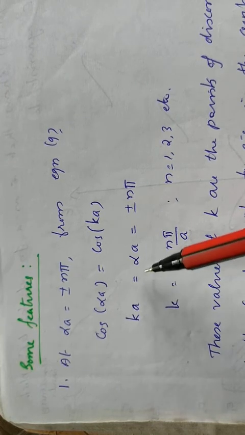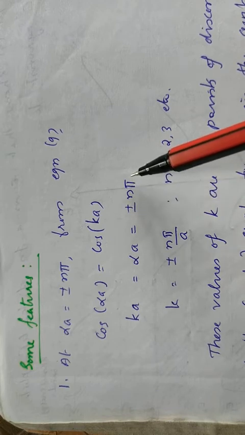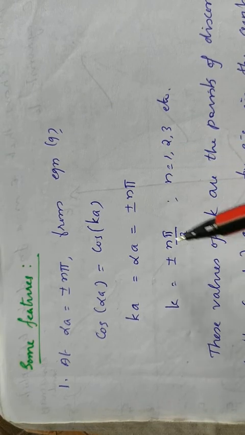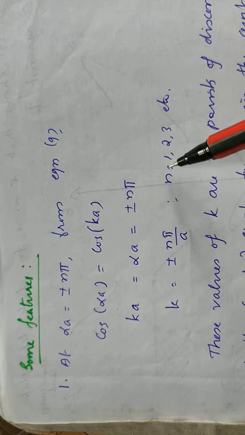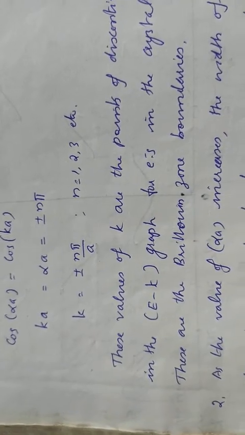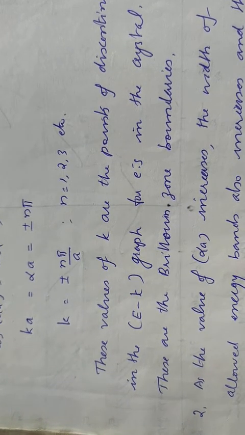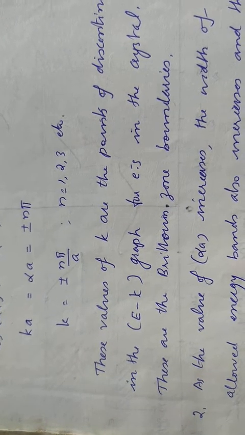This implies Ka is equal to alpha a, which is equal to plus or minus n pi. So K is equal to plus or minus n pi by a, where n is equal to 1, 2, 3, etc. These values of K are points of discontinuities in the energy versus K graph for electrons in the crystal. These are the Brillouin zone boundaries.